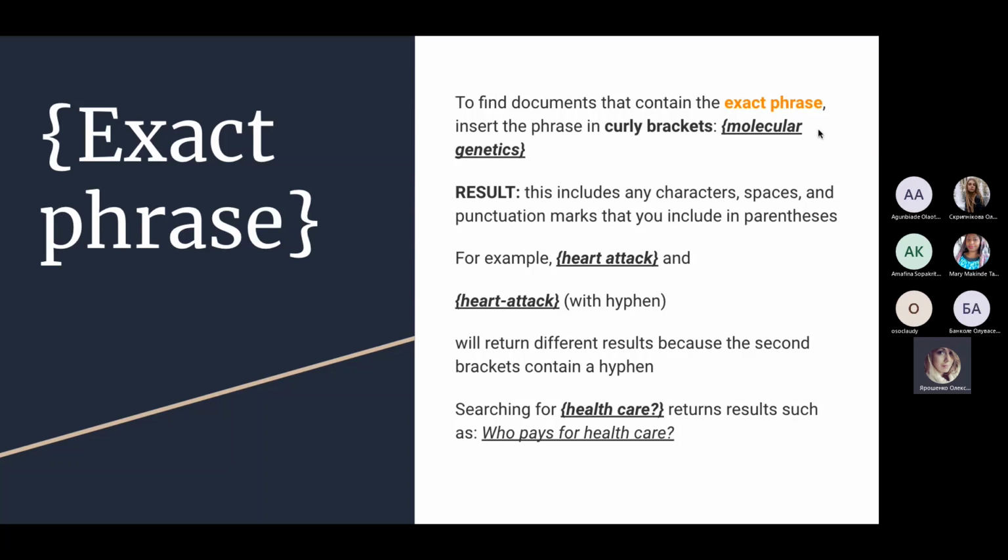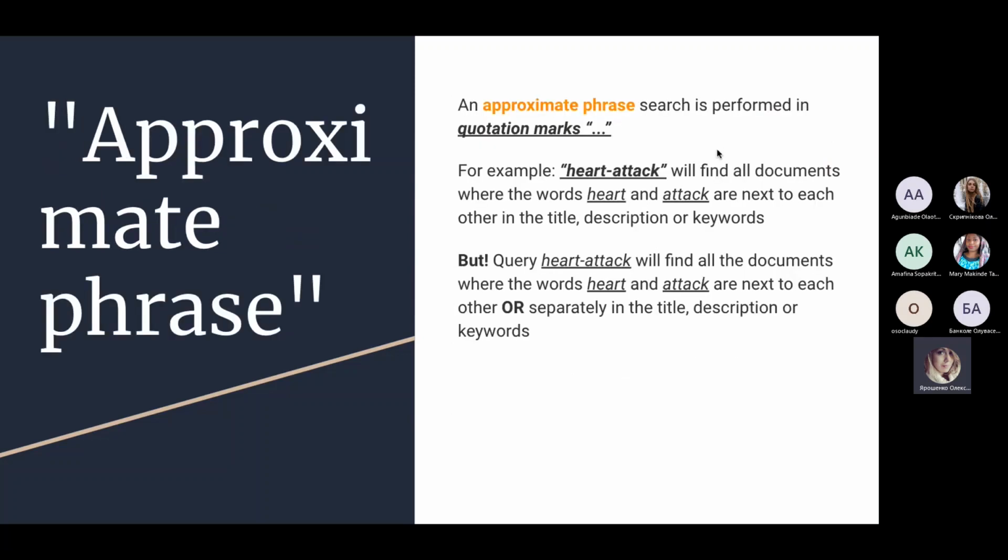So if we have made mistakes in curly brackets, Scopus will look for this phrase with our mistake, because Scopus takes this as something that we want to see. So we need to check the grammar and check the spelling if we are using the curly brackets.